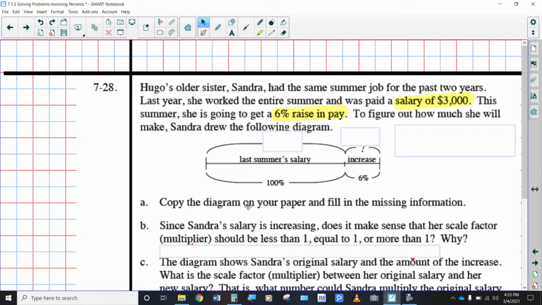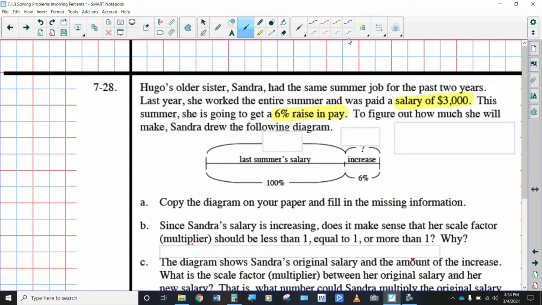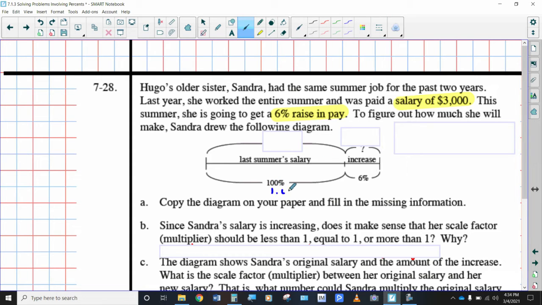Okay. So since Sandra's salary is increasing, does it make sense that her scale factor or the multiplier that we're going to use to find the new salary should be less than, equal to, or more than 1? Well, let's just think about this for a second. So she's going to continue making 100% of her previous salary, and that's equivalent to number 1, right?